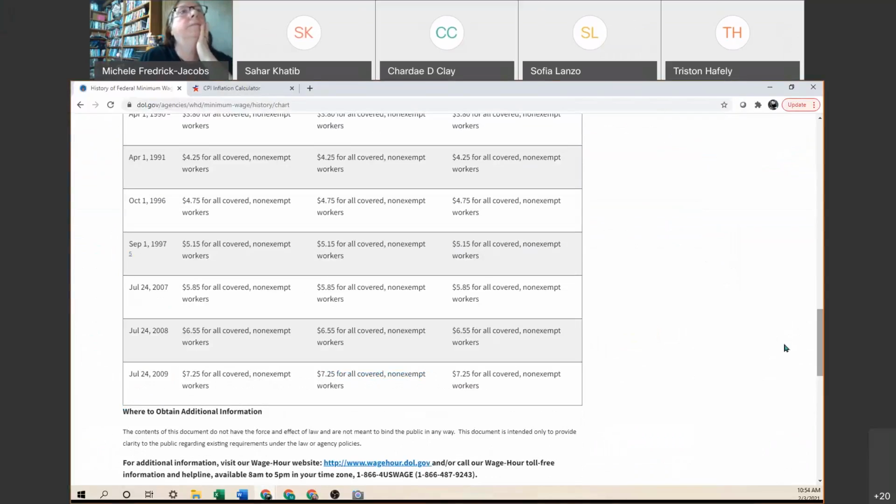It's like 5.85 in 2007. Well, but notice it didn't start until July. So the first half of the year you were at 5.15 and the second half you're at 5.85. So it stayed at 5.15 until July 2007.